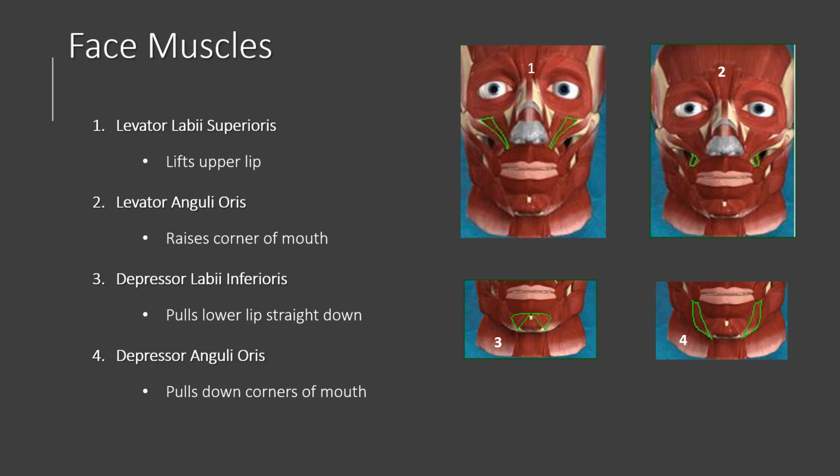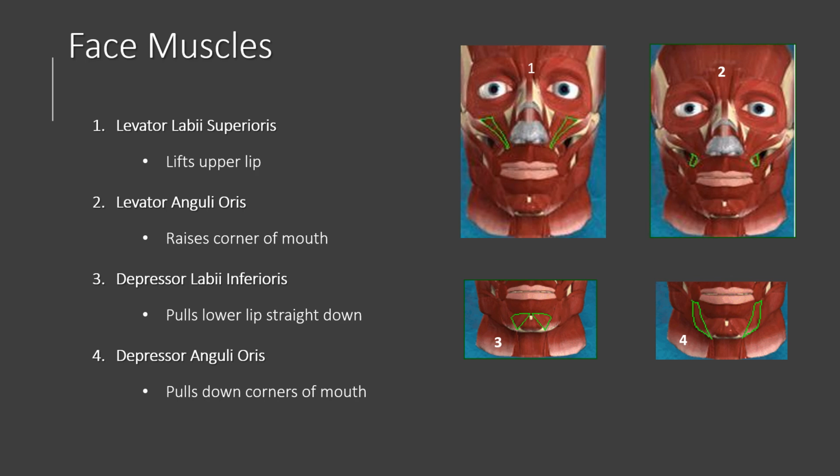So levator labii superioris is telling you where I am. I'm superior to the lips. I'm above the lips, so I'm lifting the lips upwards. So we're lifting the upper lip, and if you do it, you can feel a bit like Elvis Presley or Cliff Richards, you know, lifting the upper lip.